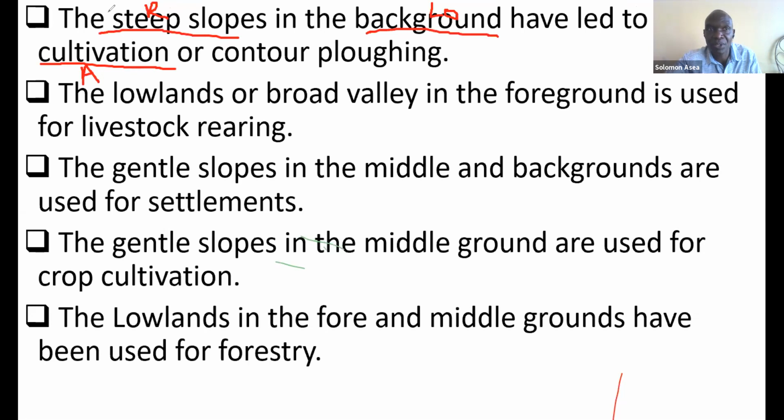So what you have got to take note of, as I said the other time, is the relief and the activity. The relationship between the steep slopes, where the steep slopes are, there is terrace cultivation.